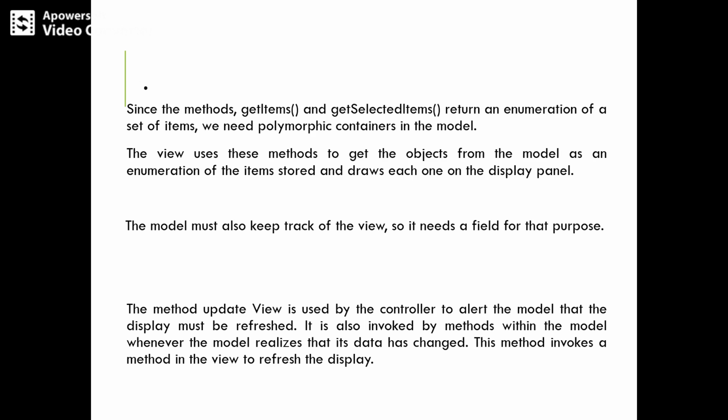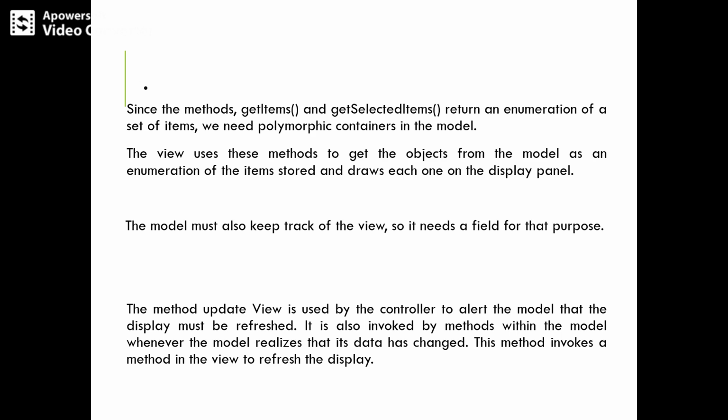So this is the design of the model subsystem. We have concentrated on two very important methods here, get items and get selected items, which always return an enumeration of a set of listed items. So that should be a container in the model, and we have depicted all of that in the class diagram.